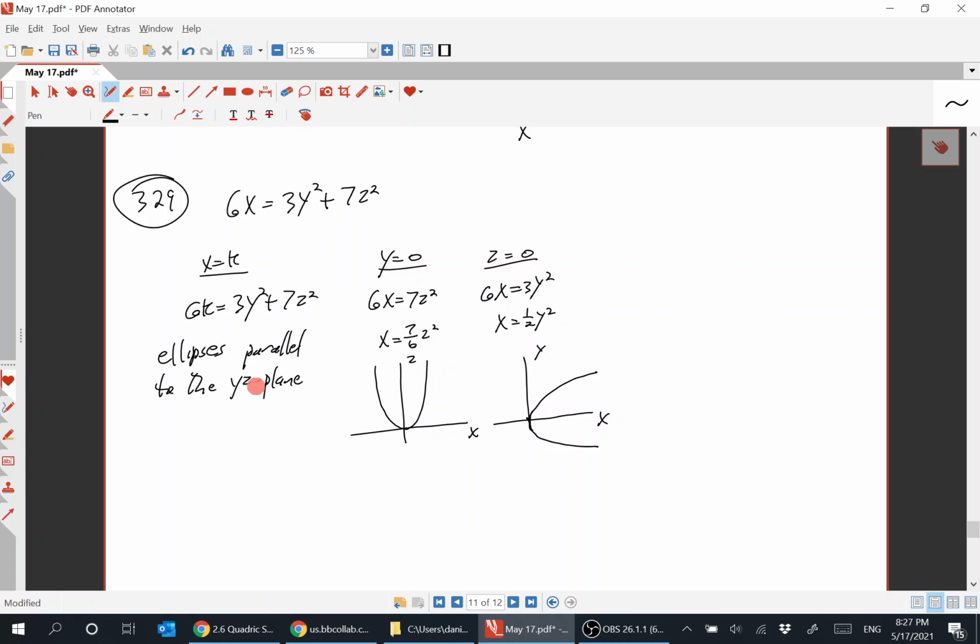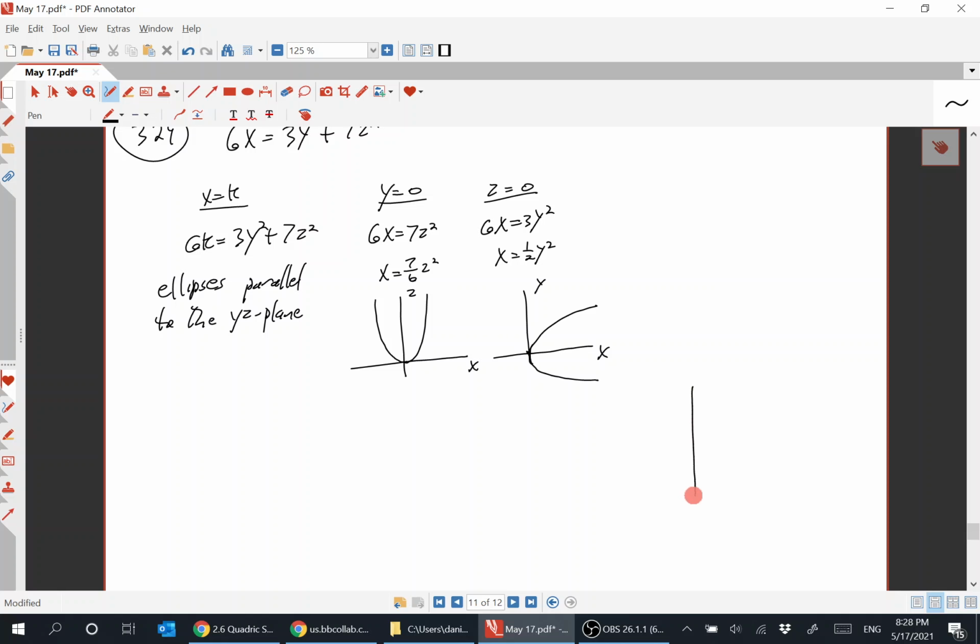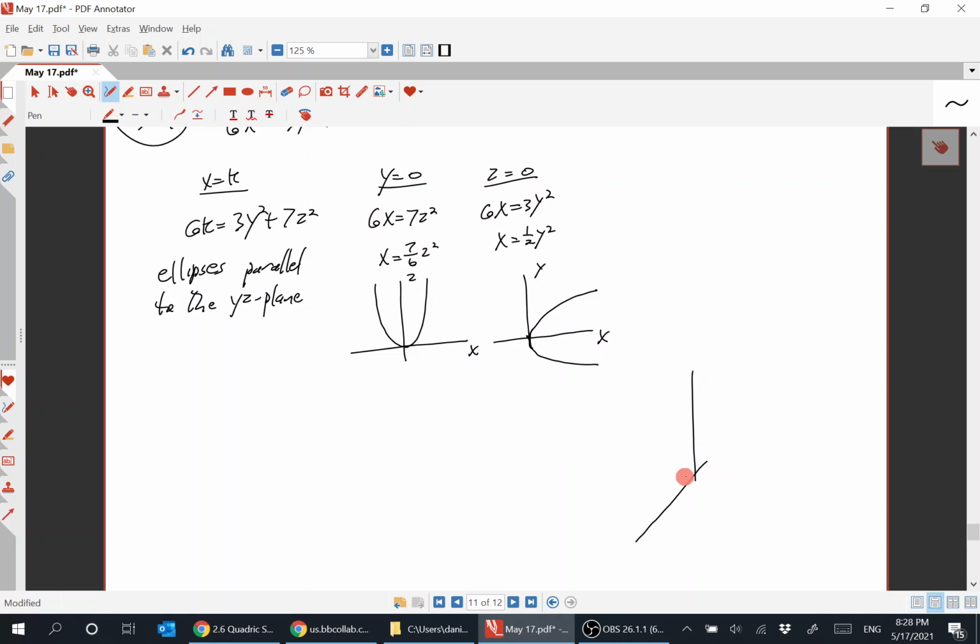So ellipses parallel to the yz plane framed by a parabola. So this gives me this paraboloid picture. So there's a parabola opening up along the x-axis like that.